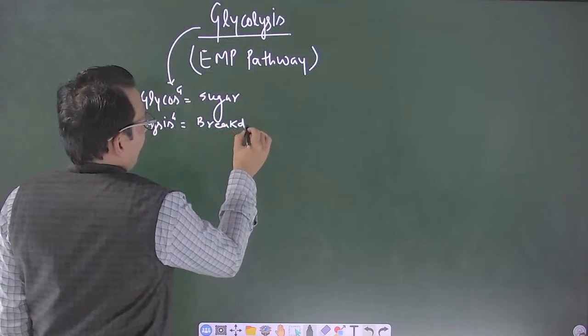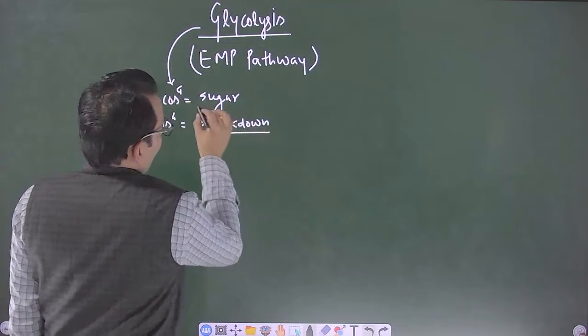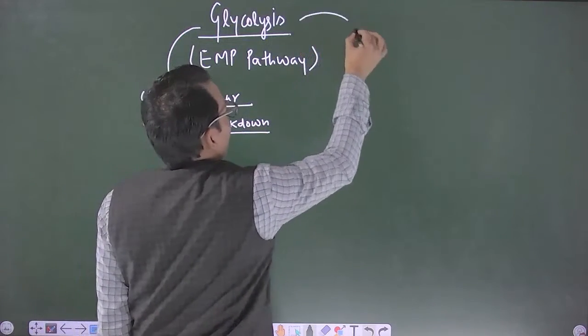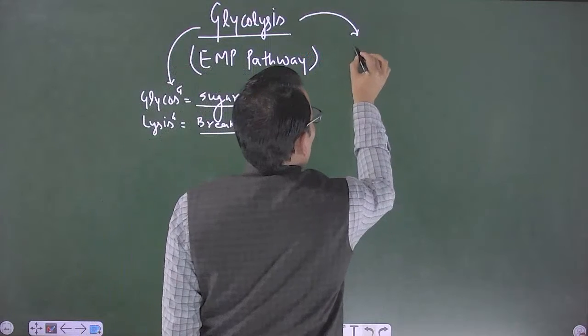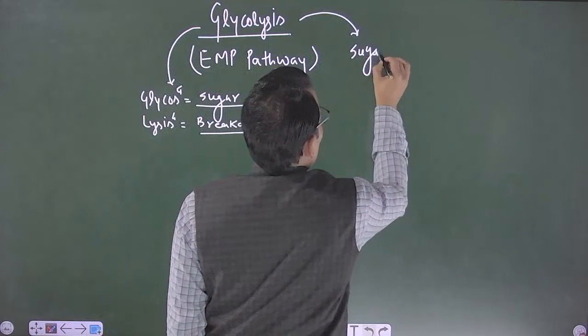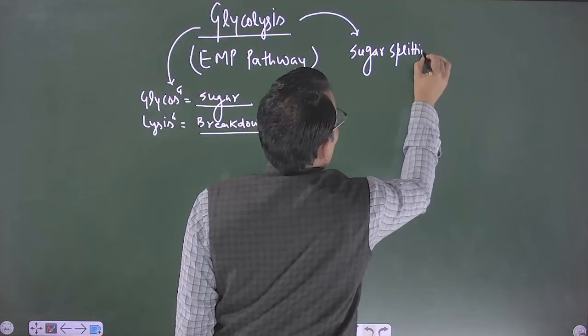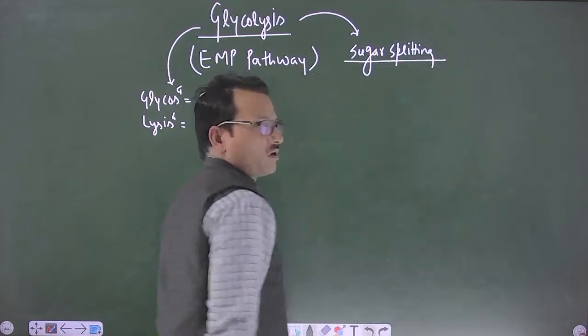Thus, in summation, glycolysis can be understood as the concept of sugar breakdown or sugar splitting in all living organisms.